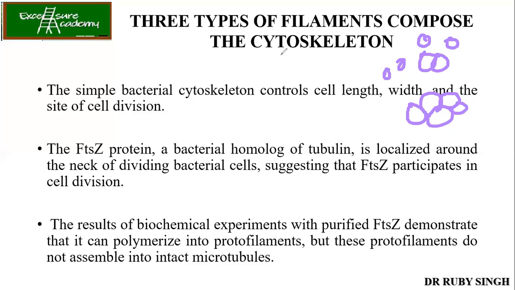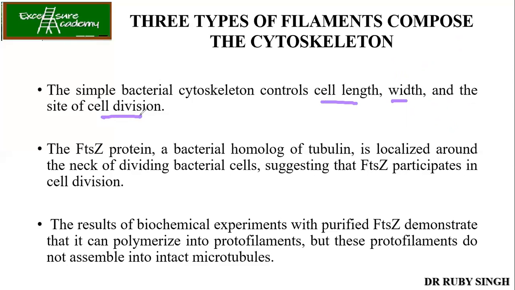Okay, now, the simple bacterial cytoskeleton controls the cell length, width, and the site of cell division. All of this being read is already explained in the table. So the FtsZ protein is the homologue of tubulin, and it participates in cell division. Biochemical experiments with the pure form of this protein showed that it forms protofilaments.